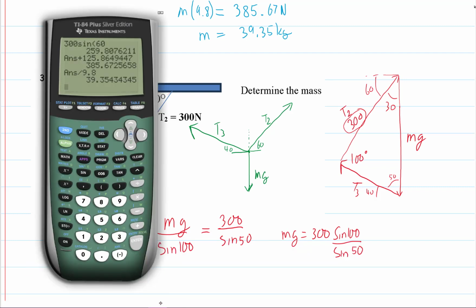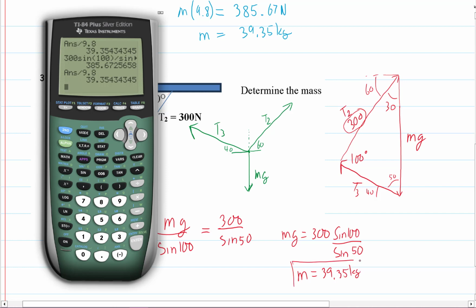Mr. Calculator: 300 times the sine of 100 divided by the sine of 50. This will give you what mg is, and then divided by 9.8, we get the exact same number we had up top, that m equals 39.35 kilograms. Two different ways of doing it.